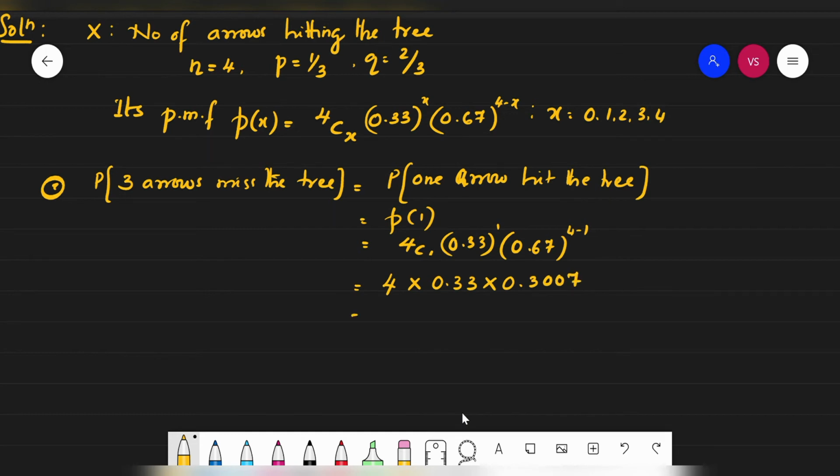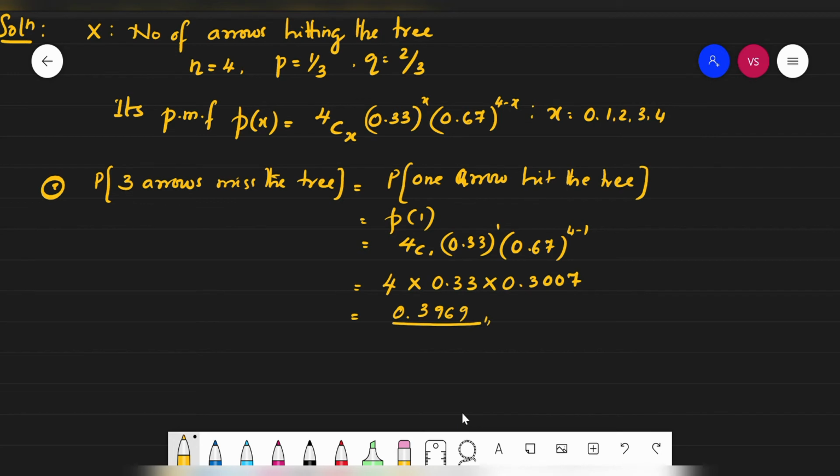So we take 4 into 0.33 into 0.3007 and we get the answer as 0.3969. This is the probability of 3 arrows missing the tree.